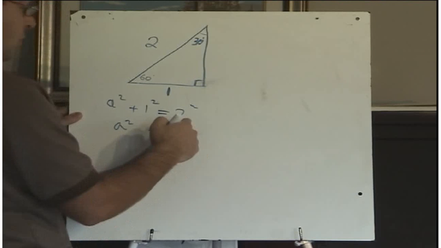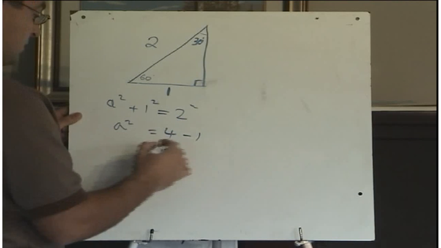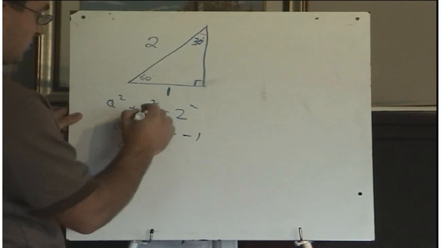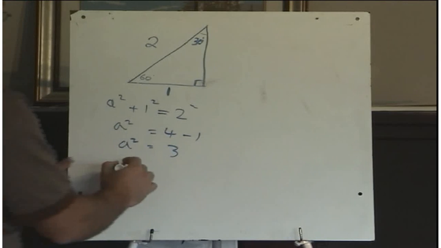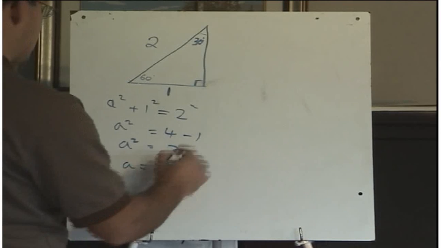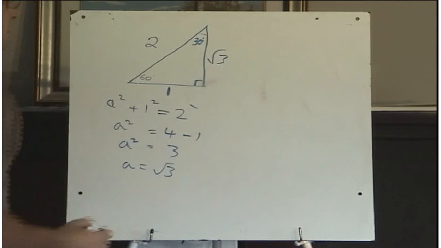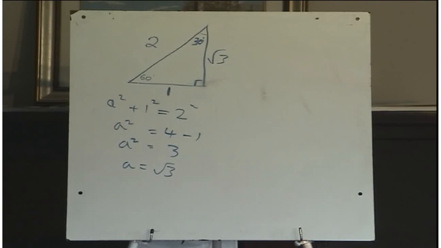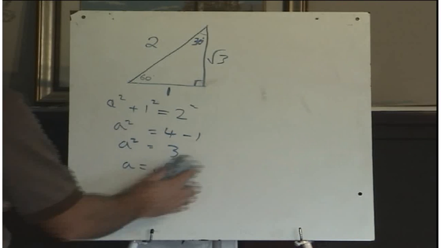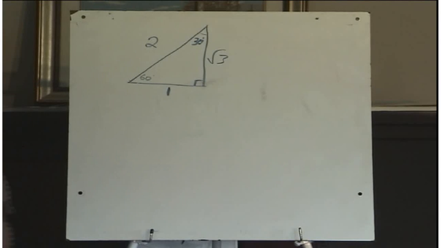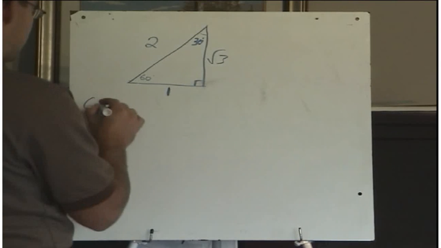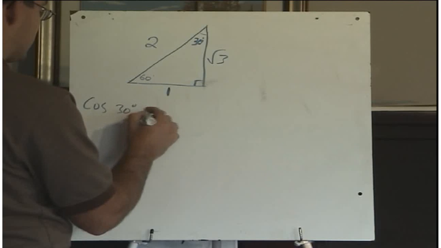2 squared is 4, 4 minus 1, when I bring this over to this side, is 3, and so square rooting, Pythagoras would tell me that that side would be root 3. And now that I have this triangle, if someone said, well, what is exactly the cosine of 30 degrees?